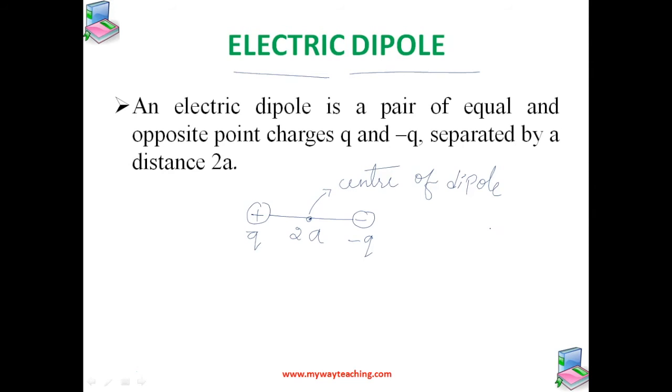However, when we consider much larger distances than the separation of the two charges forming the dipole, the fields due to plus q and minus q almost cancel out. So the electric field due to a dipole falls off at larger distances faster than 1 by r squared.